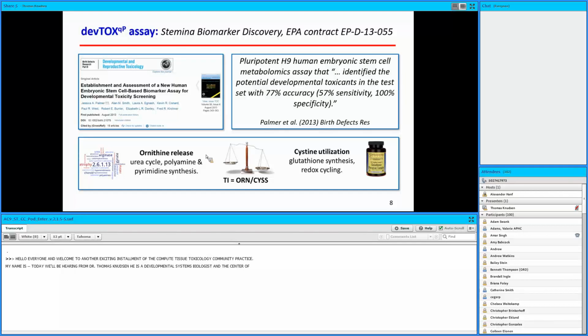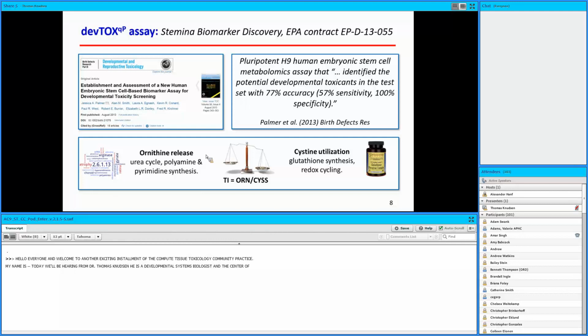The assay, you may be familiar with, is based on a relative change in two metabolites, ornithine and cystine. Ornithine is released by the H9 cells into the culture medium over a 3-day period of the assay.